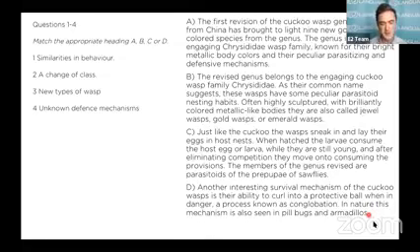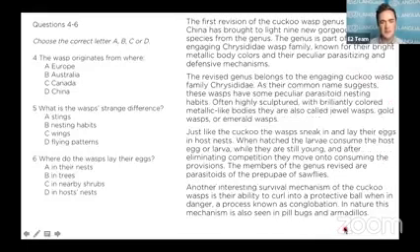Sorry, this isn't multiple choice, it's match headings. 10 seconds. Three, two, one, and we move to the next set of questions, which is multiple choice.